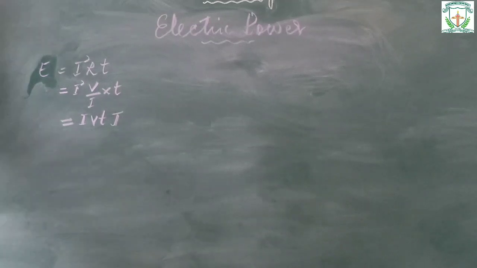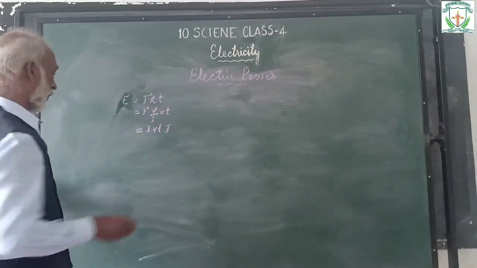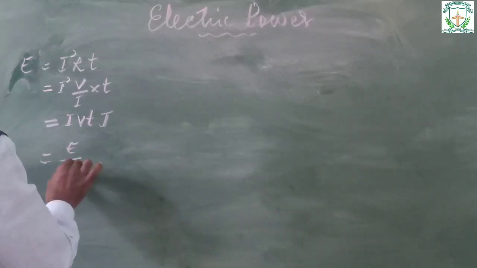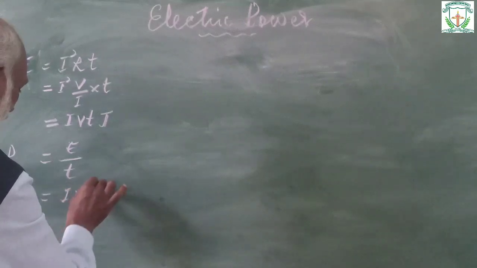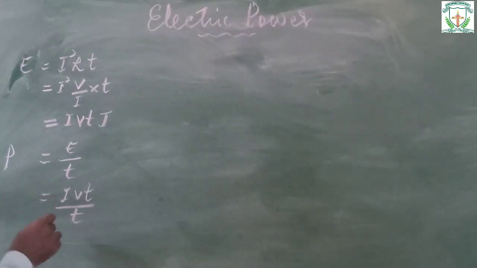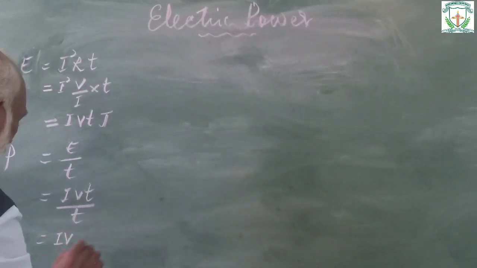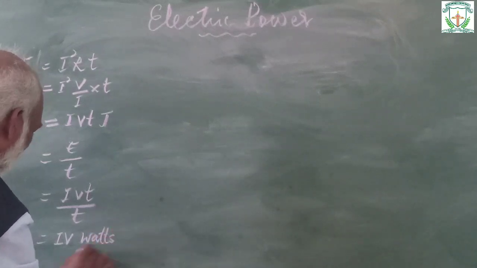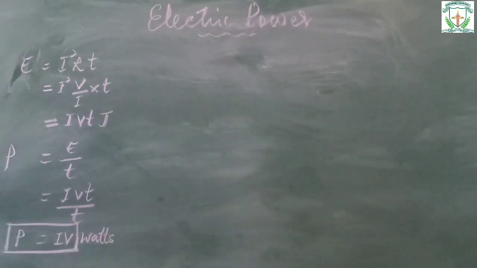What is power? Rate of doing work, rate of consumption of electrical energy. Power is E by T, which is IVT divided by T. Rate refers to time, T and T cancel, so power is equal to I into V watts.